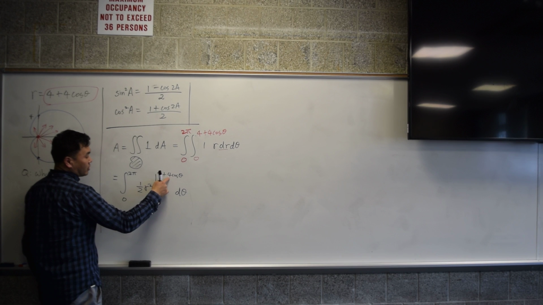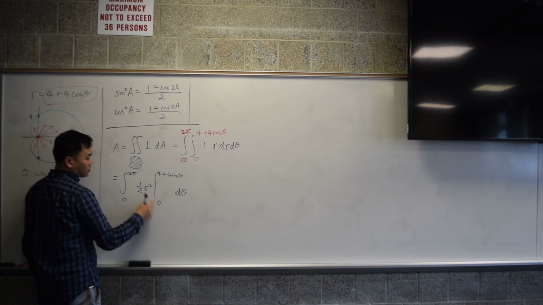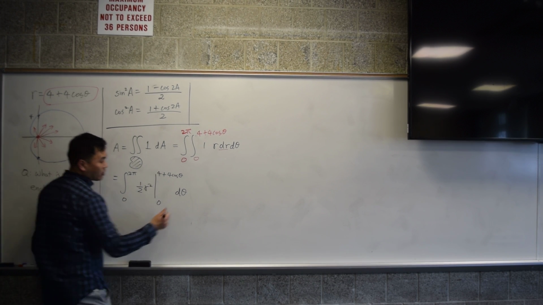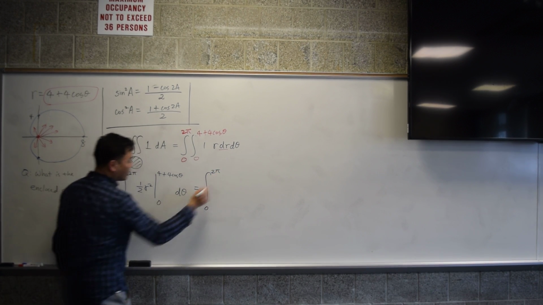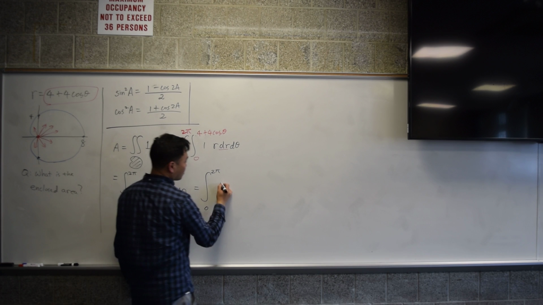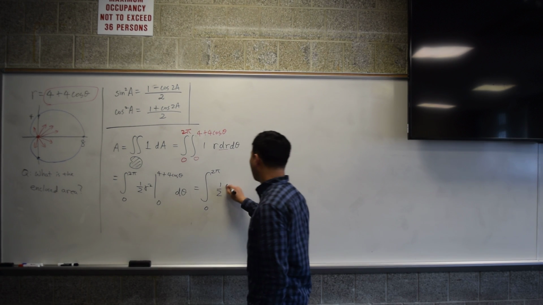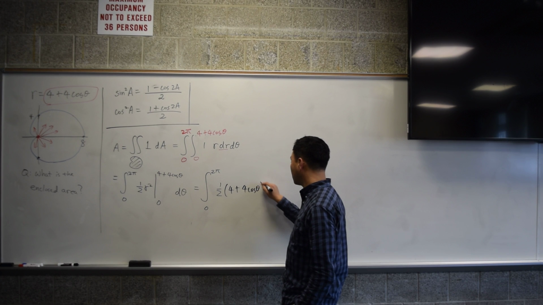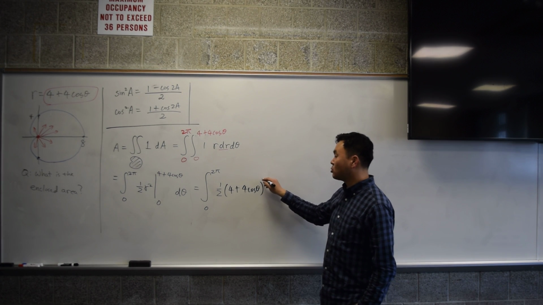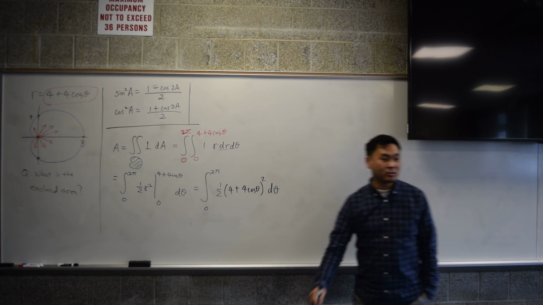If you subtract, you end up with the integral 0 to 2 pi of 1/2 times 4 plus 4 cosine theta, and then you have to square it. So you have to do this integral.